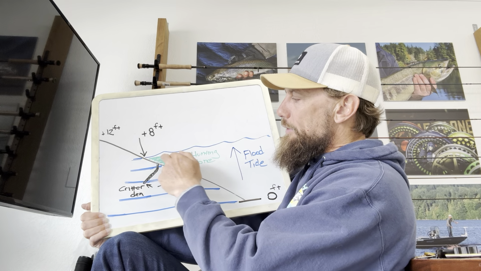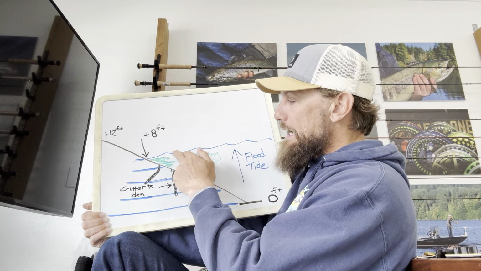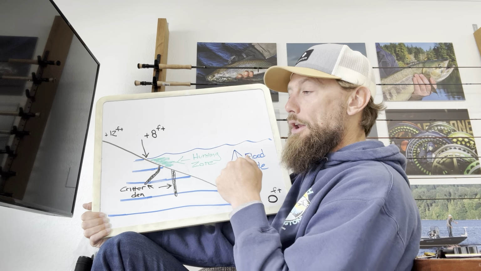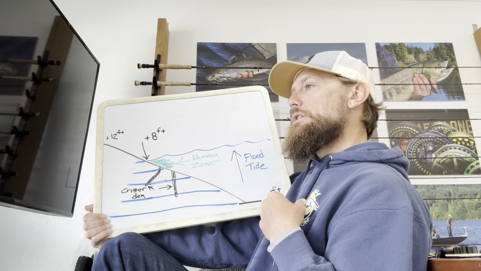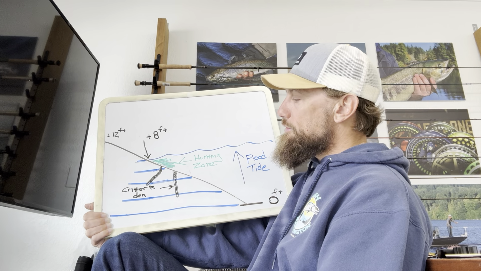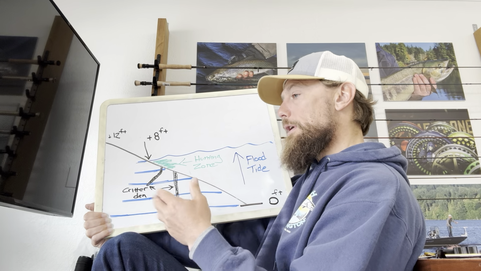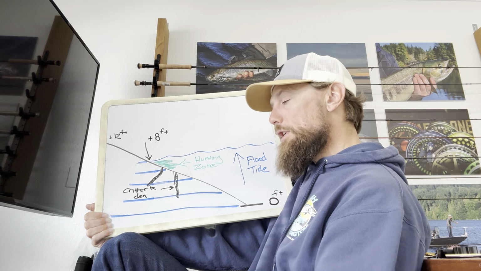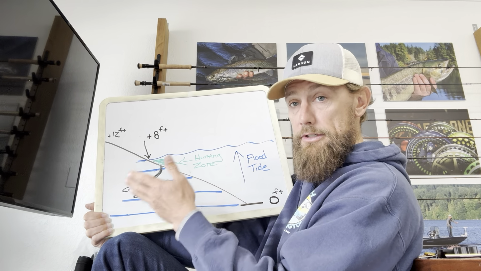Where here, they assume they have no time. This is the ideal casting zone on either a flood or an ebb tide, because they're not taking the time for investigation, because they're assuming that the critters here have emerged from their den and they're close to their den, so they're harder to target for the trout naturally.